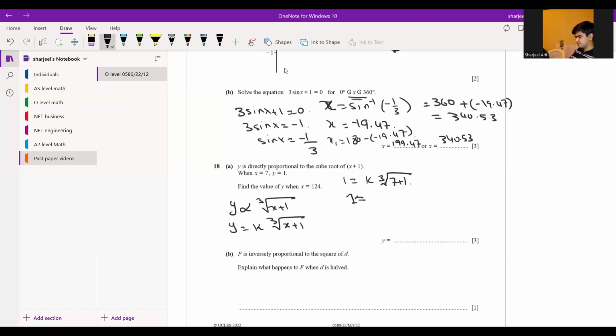So 1 will be equal to k into 2, and k will be equal to 1 by 2. So the equation will become 1 by 2 into cube root of x plus 1. We have to find the value of y when x is 124. So this will become 1 by 2 into cube root of 125. So our answer will be 5 by 2.